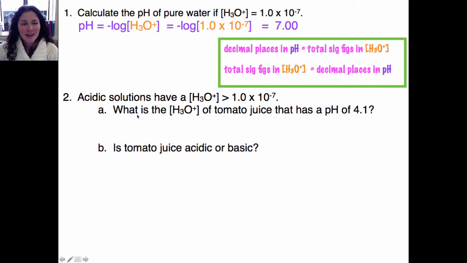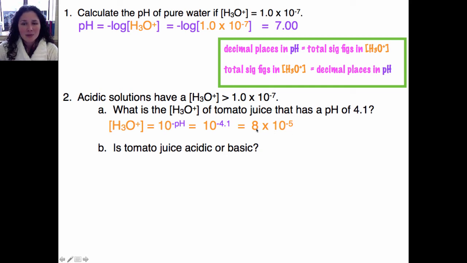In 2a, it's asking what the hydronium ion concentration is based on a pH of 4.1. Here I'll use the equation that the hydronium ion concentration is equal to 10 to the negative pH. The pH here was 4.1, and my answer ends up being 7.95, and so on, times 10 to the negative 5th.